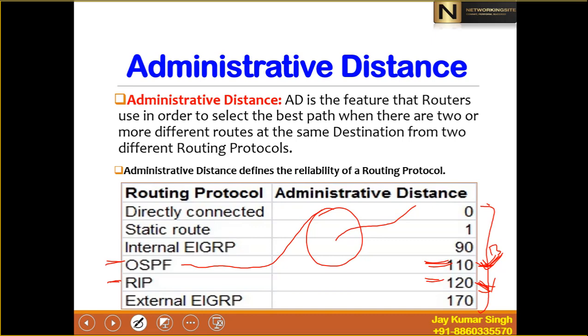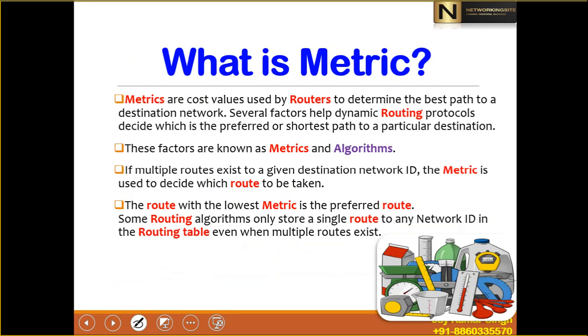Now, so what is metric? I gave you some examples, right? Metric is a distance calculation method used by routing protocols. Now each and every routing protocol uses a different type of metric calculation. For example, see these.